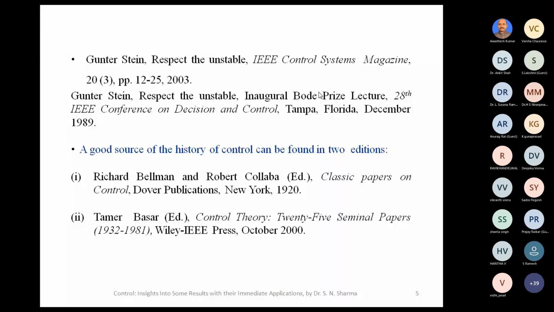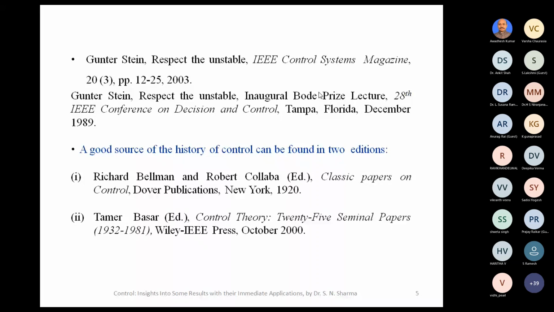Stability analysis, sensitivity analysis. If you are attempting such problems, there is Bode's sensitivity integral, in "Respect the Unstable." If you go through the paper, the whole paper discusses two sets of Bode's results: one where the system is unstable and there is no NMP zero, and one where the system is unstable and there is an NMP zero.